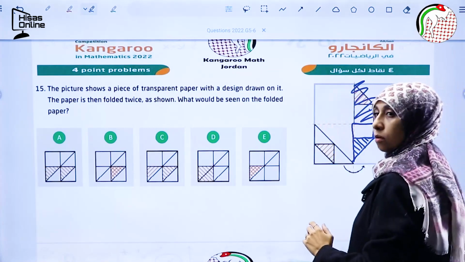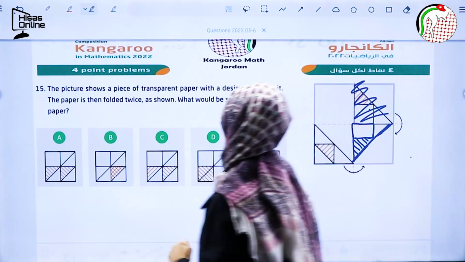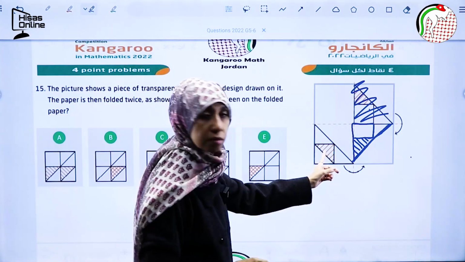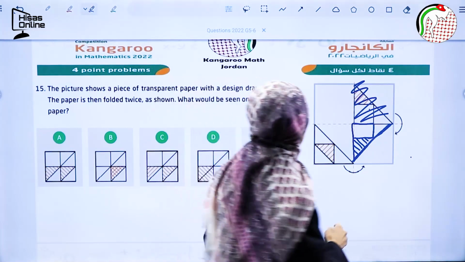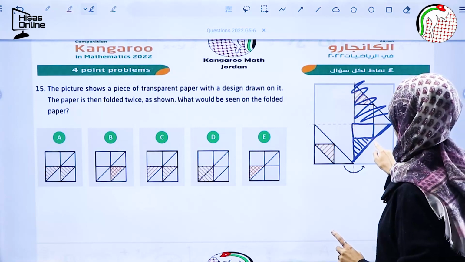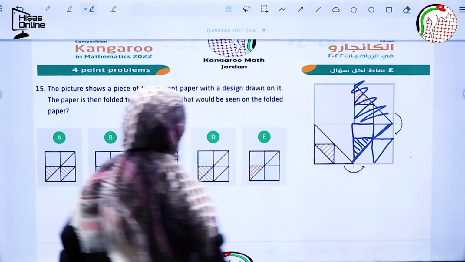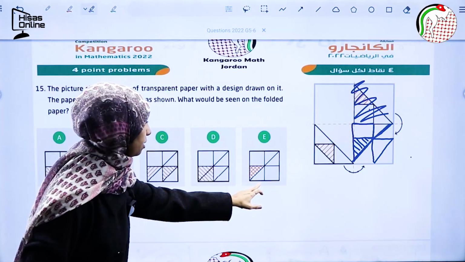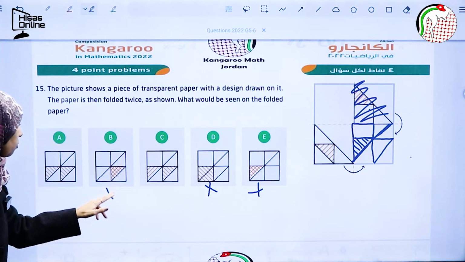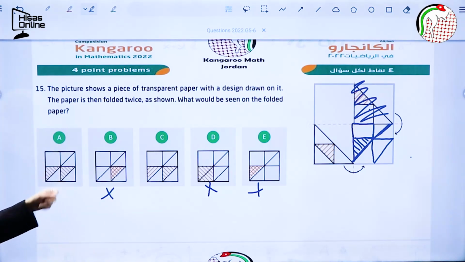Exactly on this line. And this triangle will be where? Will be here. So basically we can't consider this, we can't consider this, we can't consider this, and I have here two options. But which one is the right one?